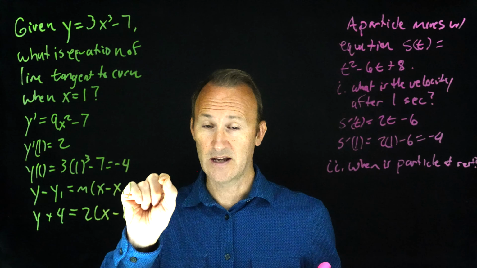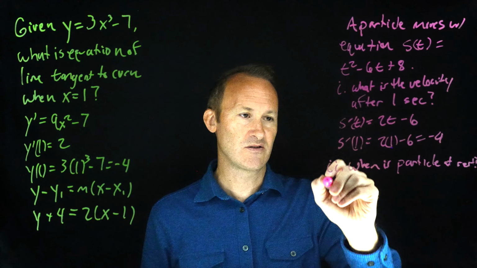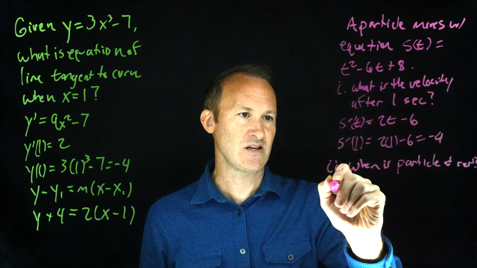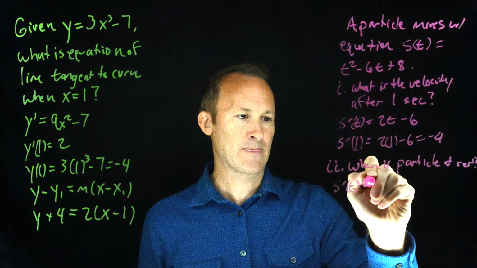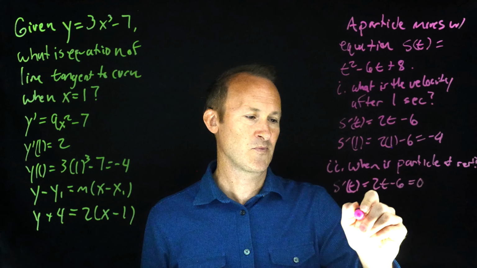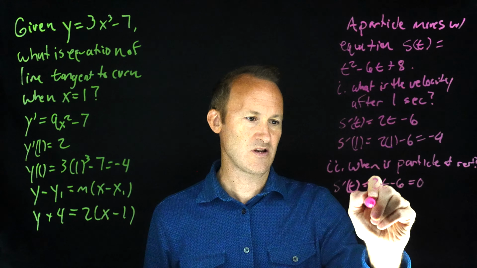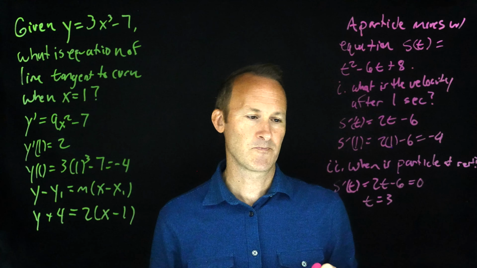It's not moving, the velocity is 0, and then it goes in the other direction. So what we can do is set s prime of t equal to 0. So we've got s prime of t, which equals 2t minus 6. We can set that equal to 0, and we can solve this easily for t equals 3. Okay, so it's at rest after 3 seconds.